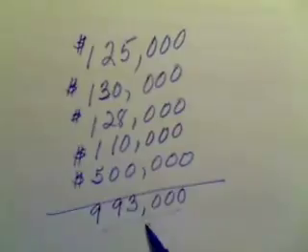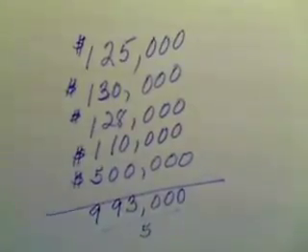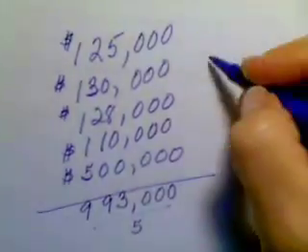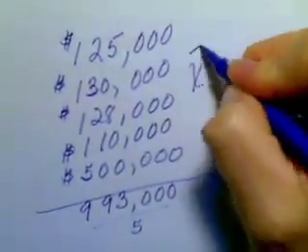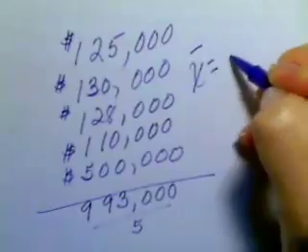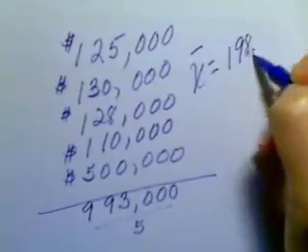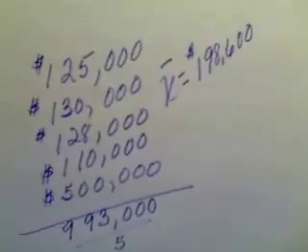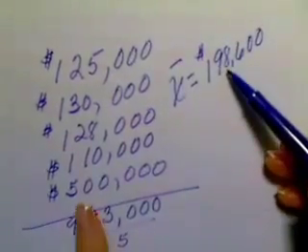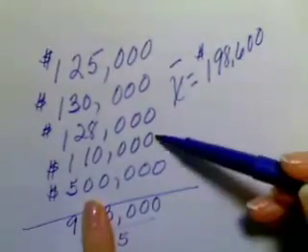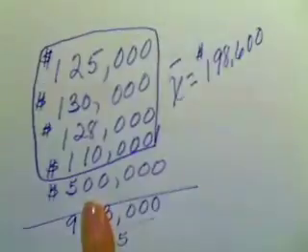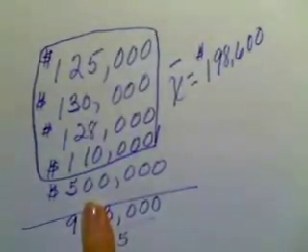I want to divide that by 5. And the mean is $198,600. So you can see that the mean is greater than 80% of the homes in that housing development.